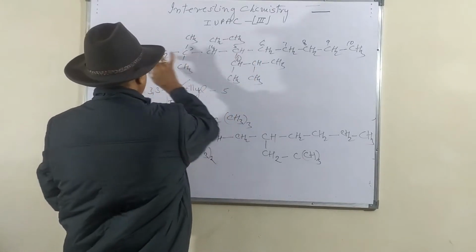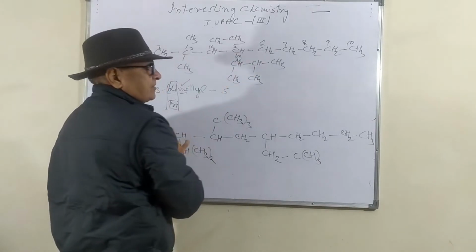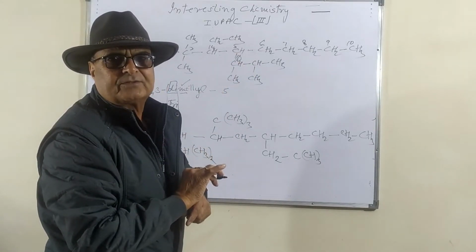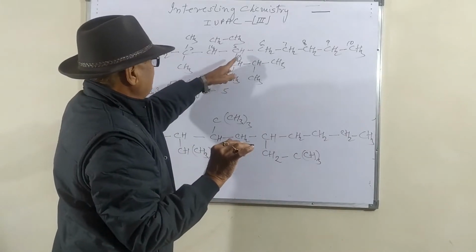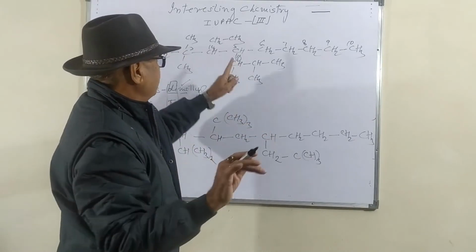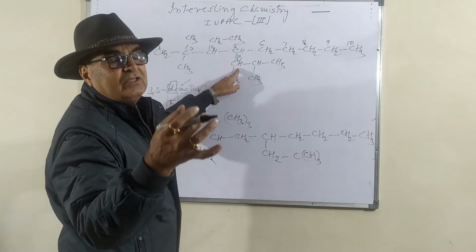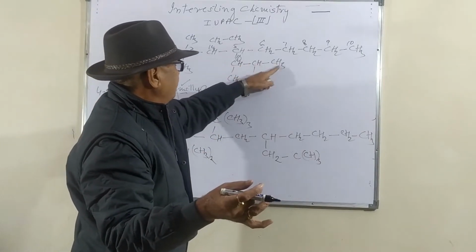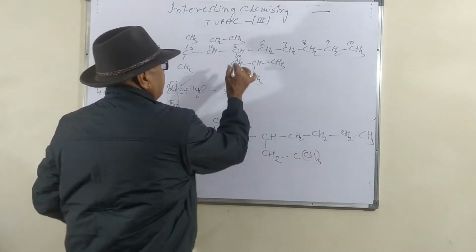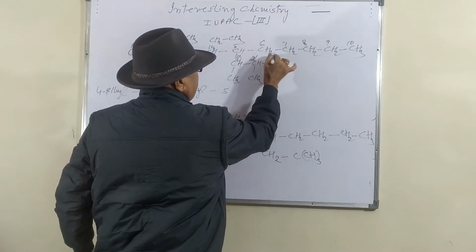So here it is also 1. Now considering this number 1, select the longest chain: 1, 2, 3. So here 1, 2 and 3.